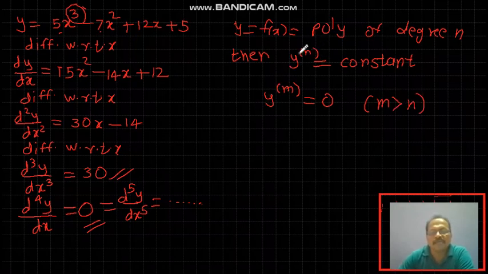For all the next derivatives, that is n plus 1th, n plus 2th and so on, all derivatives are 0 for a polynomial of degree n.